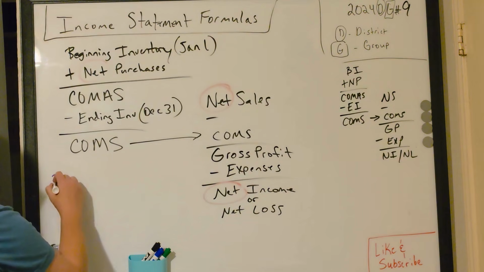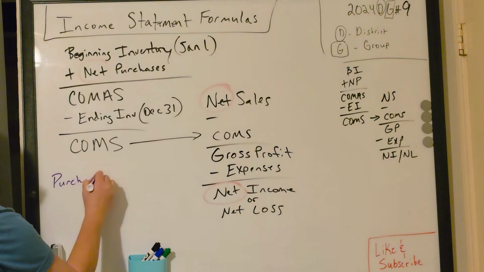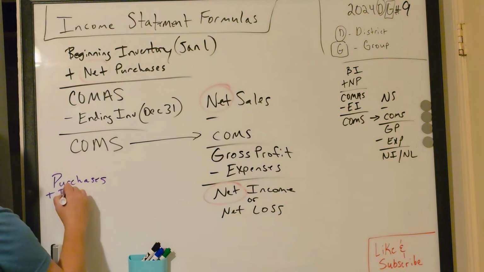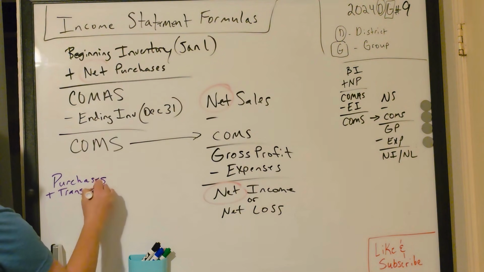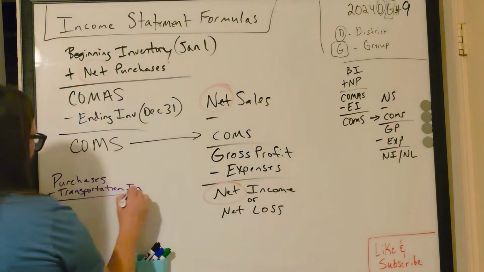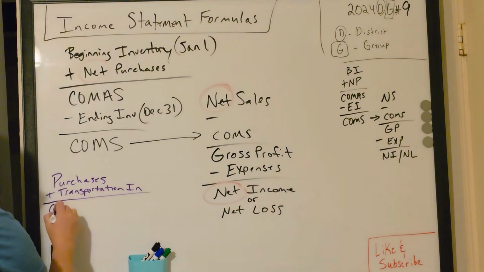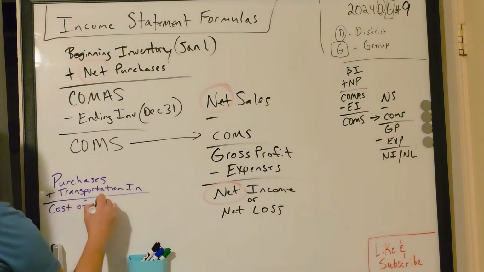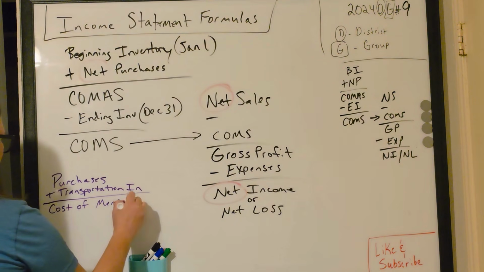So we're going to take purchases plus transportation in. This is how much we usually pay for the freight to get it delivered. And by the way, that is going to give us cost of merchandise delivered.